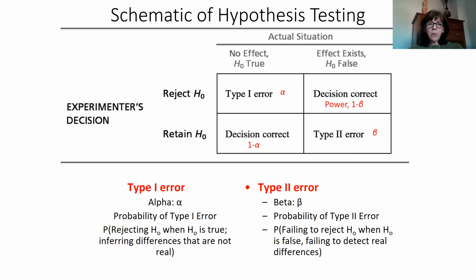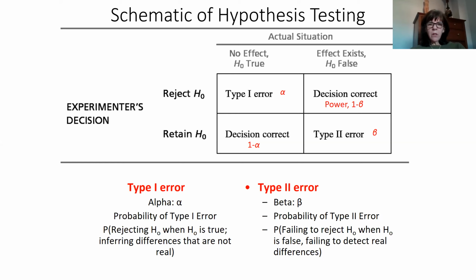The other that you may have heard less about is type 2 error, which historically has been a concern in regression analyses. Both are really equally important, but typically experimentalists have worried about type 1 error.